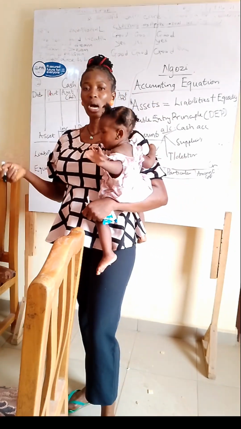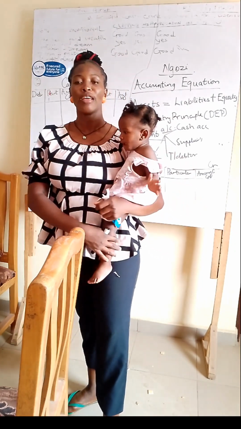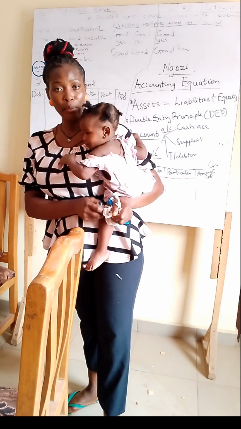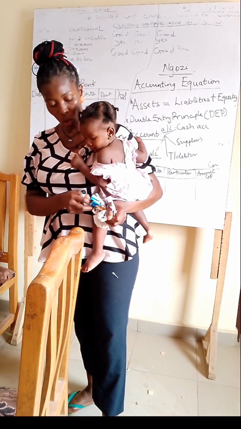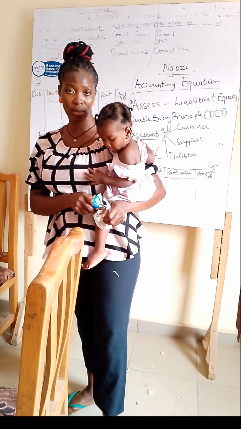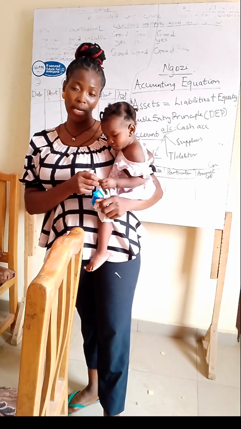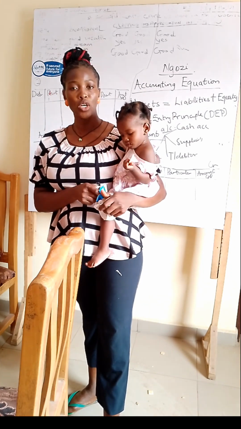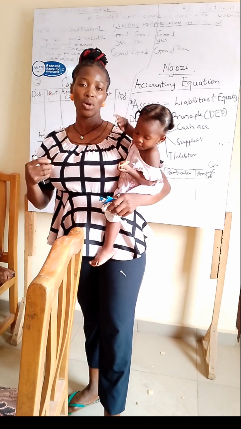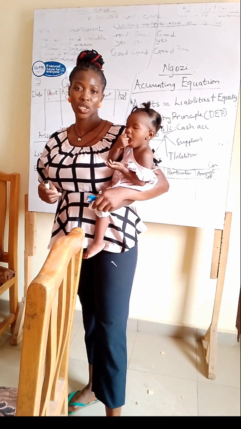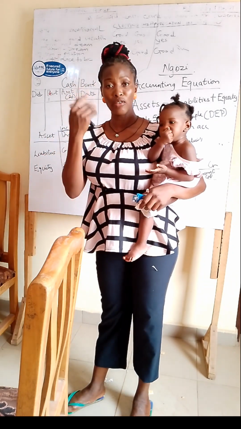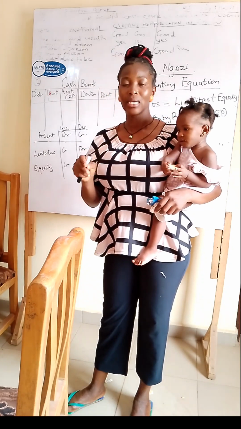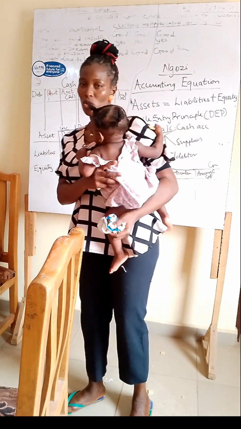Each time you're able to sell your stock, your inventory, you earn what? Money. Okay? So an asset is any resource that you have, you have control over, you own it, you're going to get inflow. When I say inflow, I mean cash. Okay? You're expecting an inflow from that particular thing. Is what? An asset.